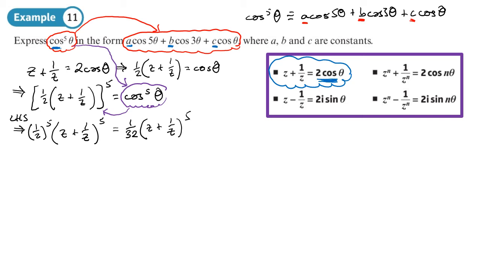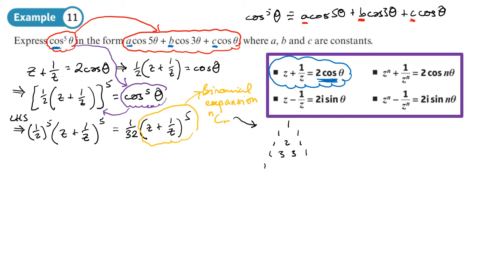Now what I'm going to do is expand this using the binomial expansion. We could use nCr when we're expanding this and work out the coefficients, but because it's such a low power, I'm going to work out the coefficients by using Pascal's triangle.